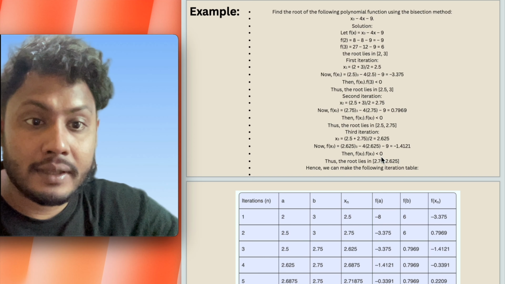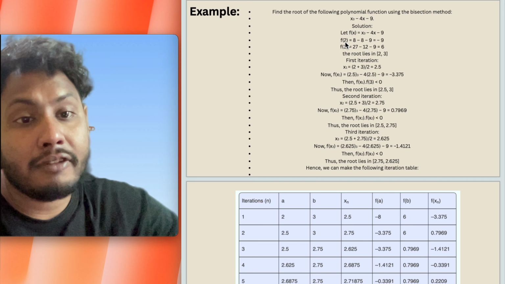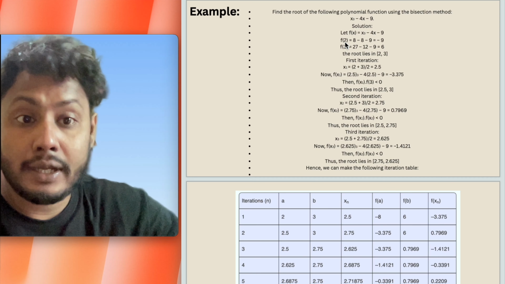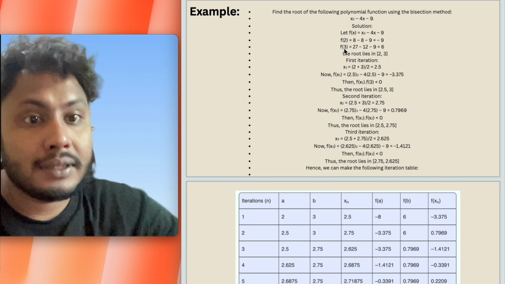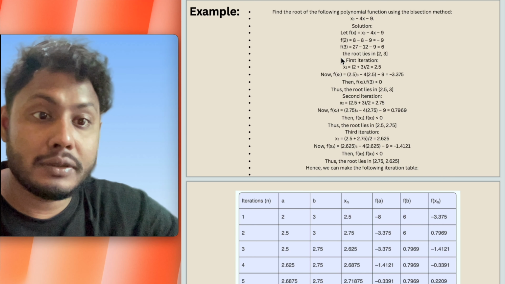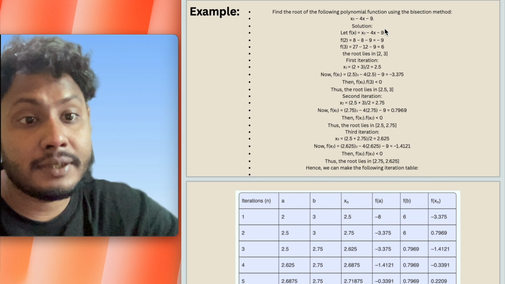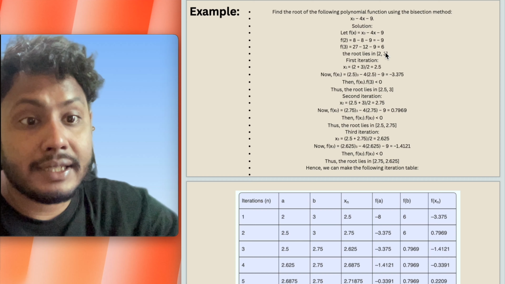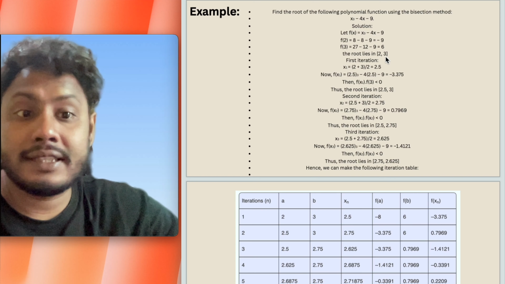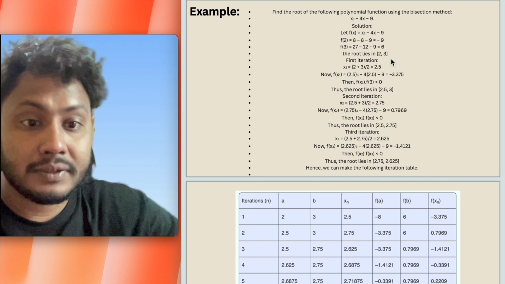Thus we have to take f of 2 and f of 3. When we compute them, we get minus 9 and 6, so the values have opposite signs.